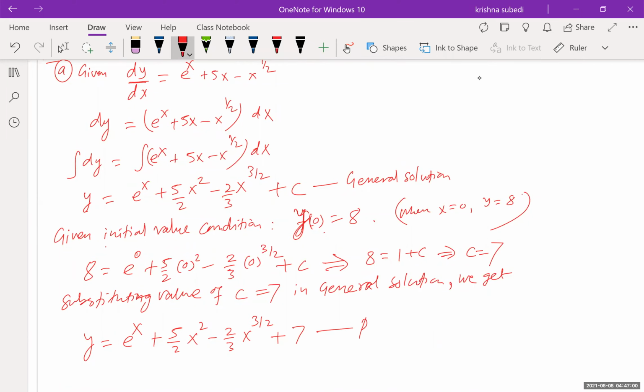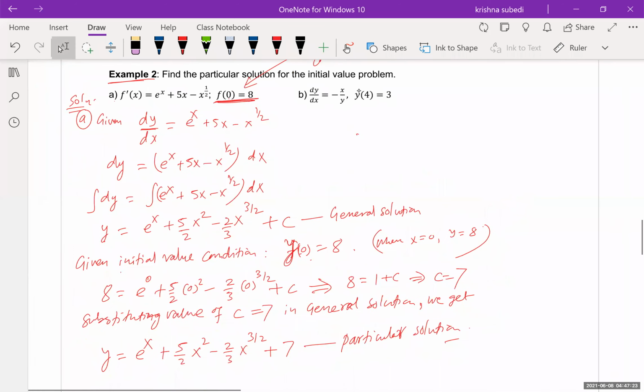This is called the particular solution. Okay, this is called the particular solution. Any question? So if you have any question, let me know. Otherwise, I want you to try part B right now just for fun.